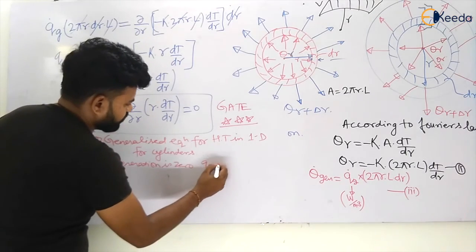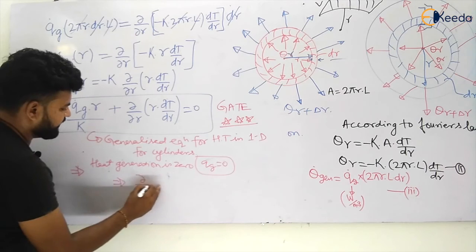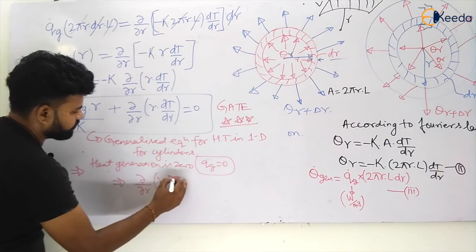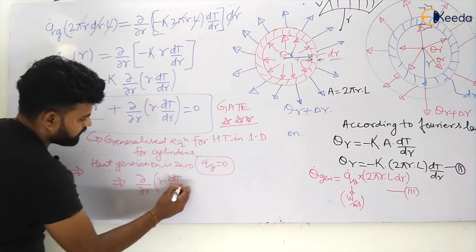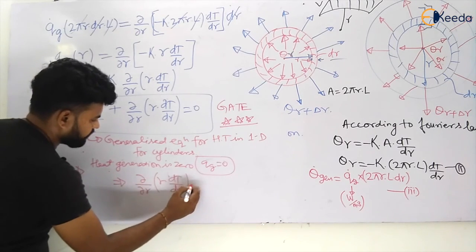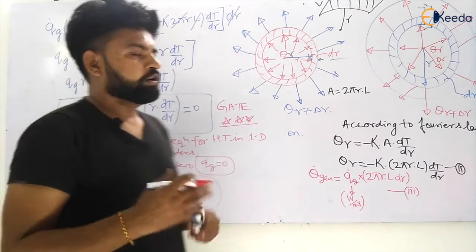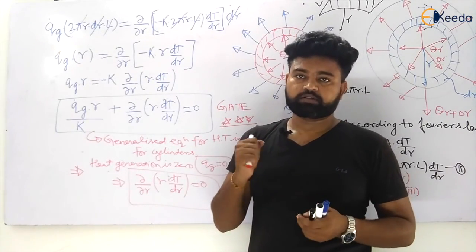That is Qg is equal to zero, which implies we will be left with del by del R of R into dt by dr is equal to 0. So this will be the final equation for calculating the thermal resistances in this cylinder.